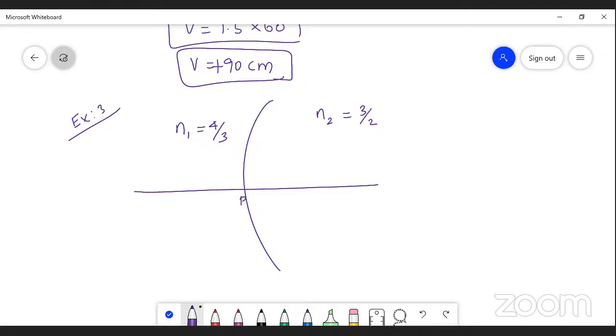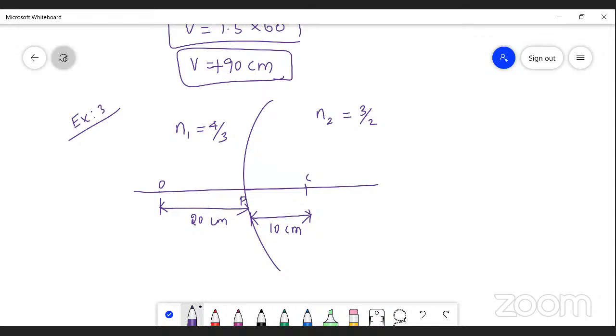The object is placed at a distance of 20 centimeter, and the radius of curvature, with center C, is 10 centimeter.